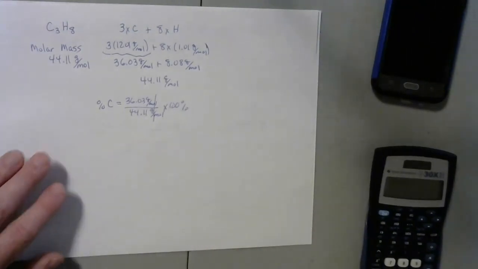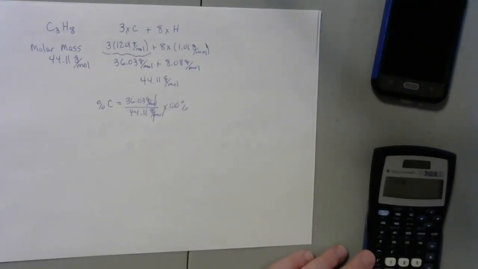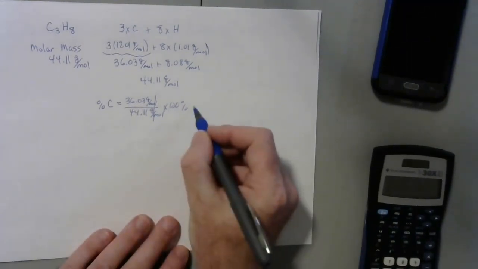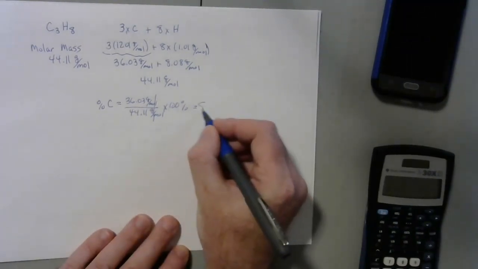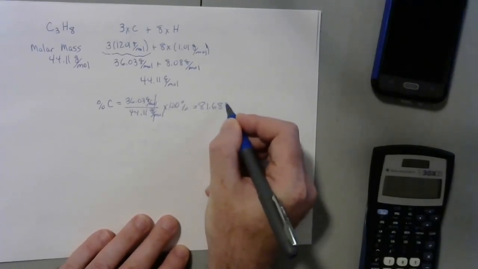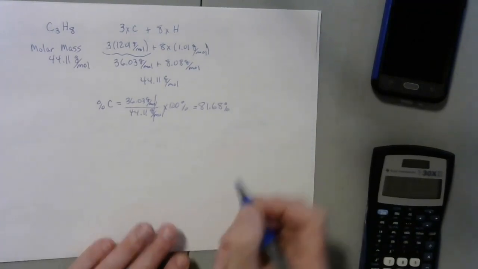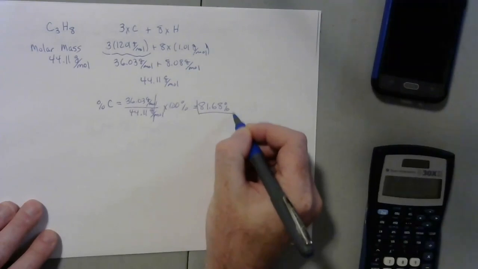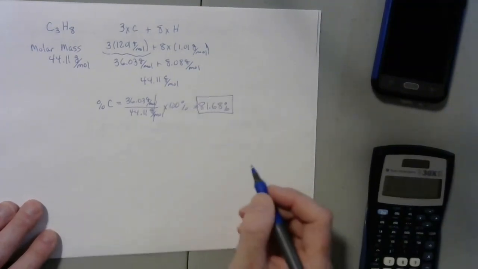And so if we run that through, 36.03 divided by 44.11 times 100 is going to give us 81.68%.